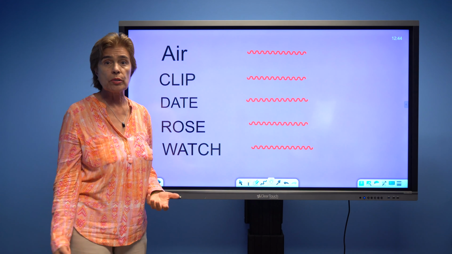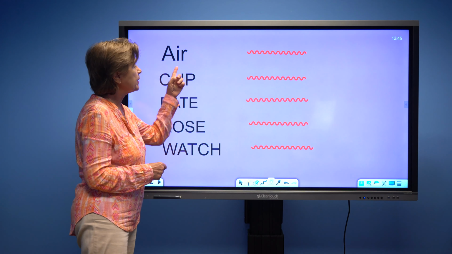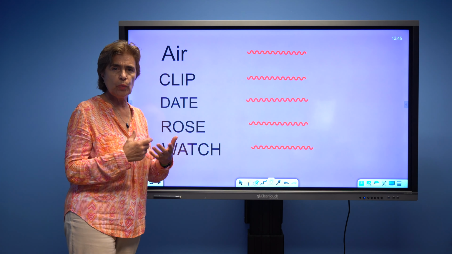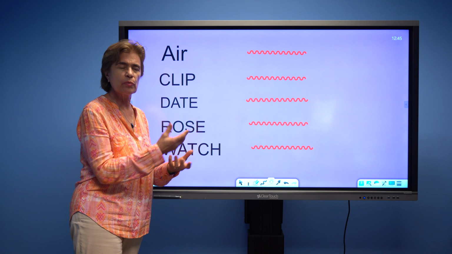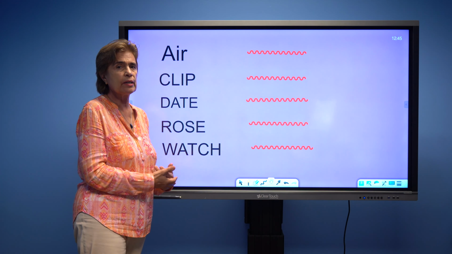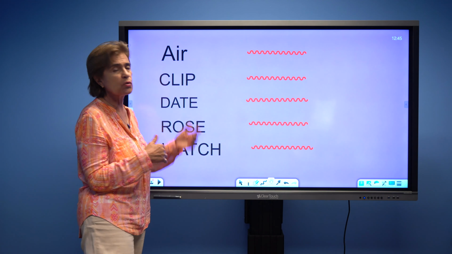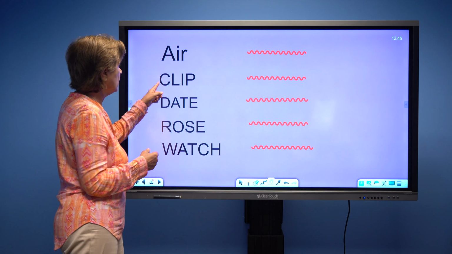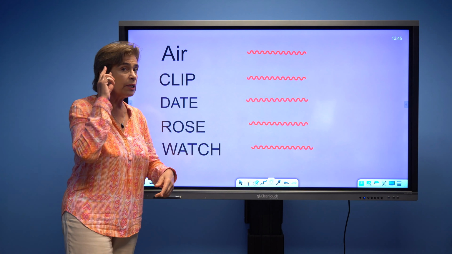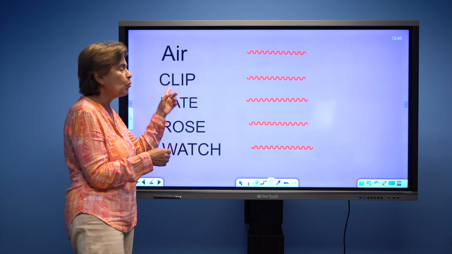Air, of course. Air is part of the atmosphere, but it's also referring to when you go up in the air, something related with airplanes, air traffic, airtime. It's a word that is also used in those terms. Clip, when you clip your hair, and it's also related to movies.